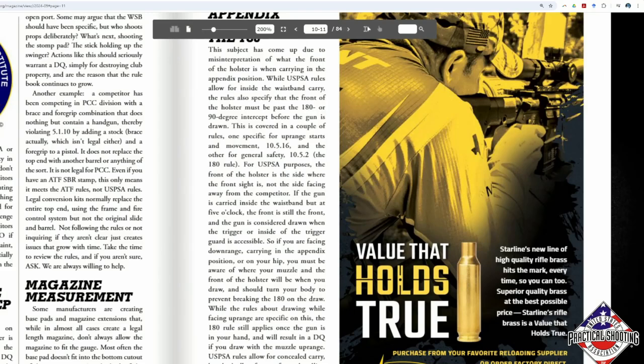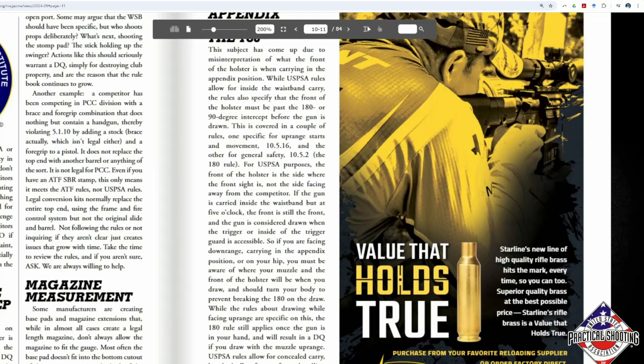Since there was a big controversy about it back then, Troy obviously would like to clarify what the front of the holster is to the shooting community. That would make sense, right? So writing an article in Front Sight makes sense to do that.